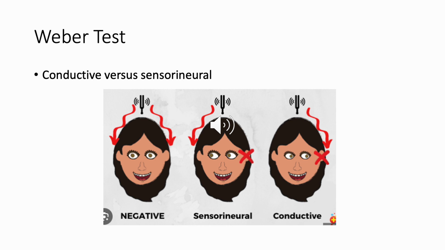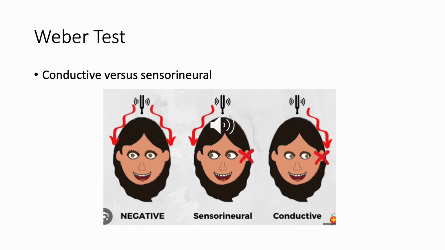With this test, a tuning fork is placed on the forehead, and how I remember that is a weather vane is placed on top of a house, not on top of your head. So that's how I remember the Weber test, where the tuning fork goes. A negative test, meaning what you want to see, is hearing in both ears equally.